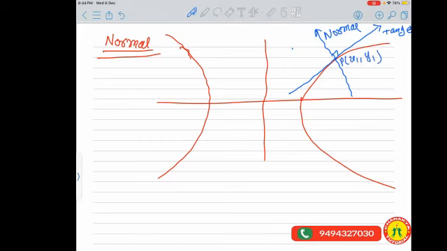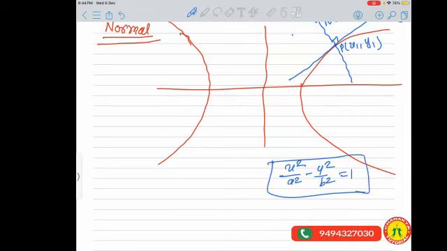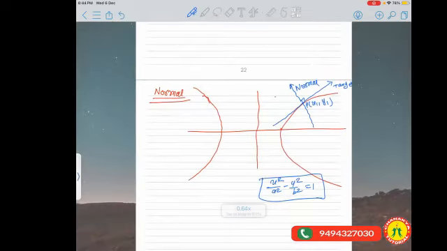So we can write the equation of the hyperbola: x square by a square minus y square by b square equal to 1. We want to find the equation of normal.